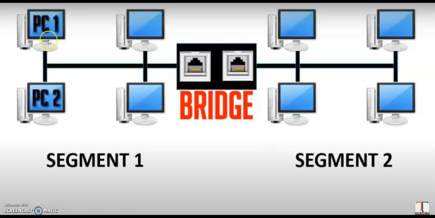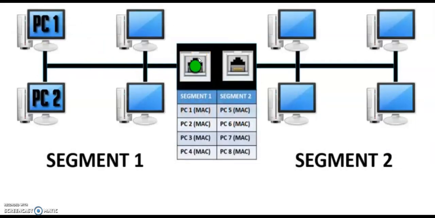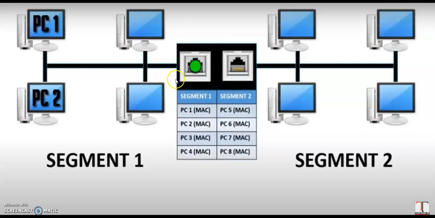PC1 wants to send the data to PC2. First the data is sent directly to the bridge. The bridge will identify and match the MAC address, which is in the header part of the data, against the bridge table.